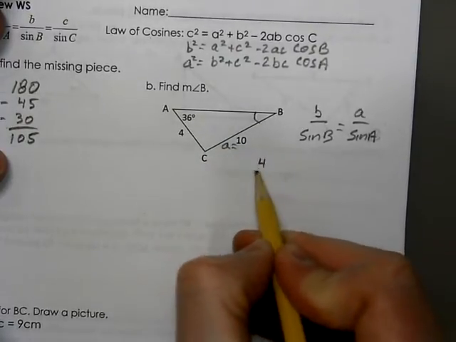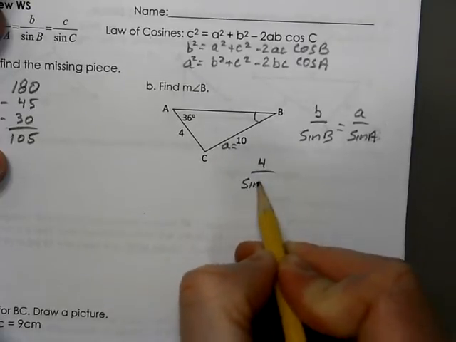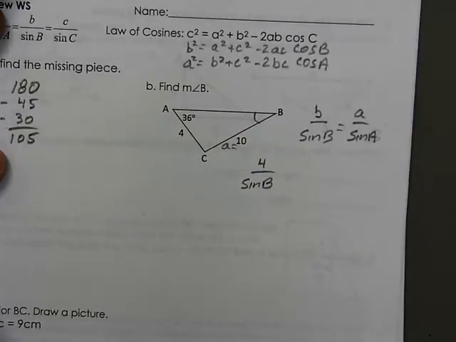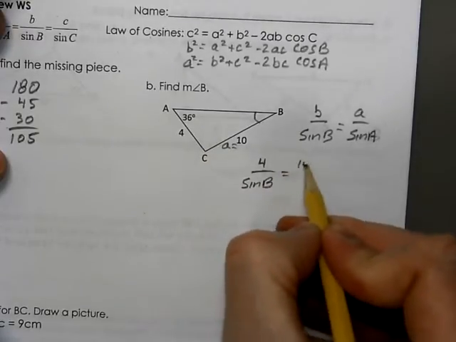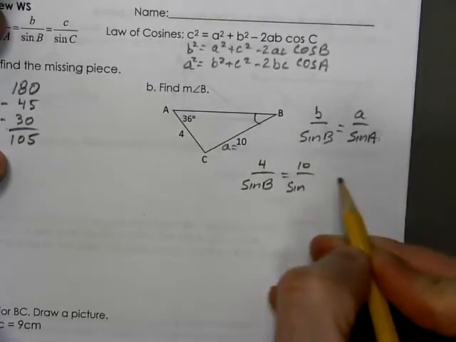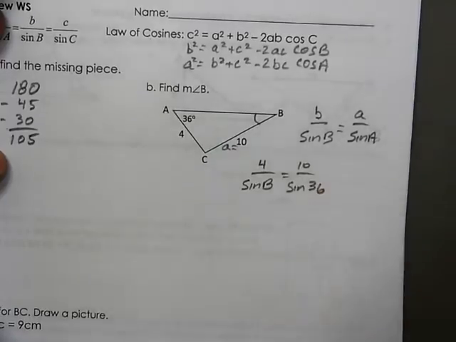Side B is 4. Angle B, we don't know, so we write down sine of B. A is 10, and angle A is 36.